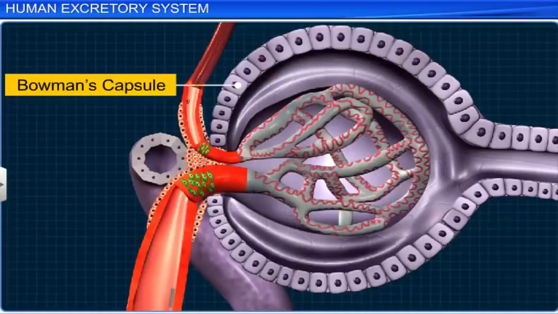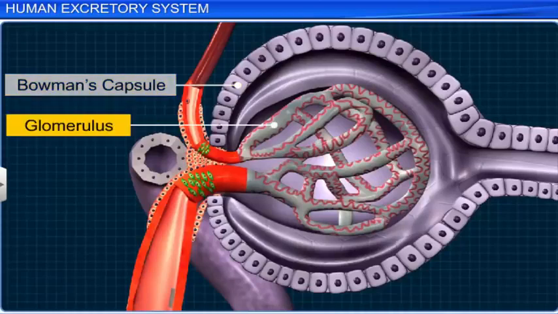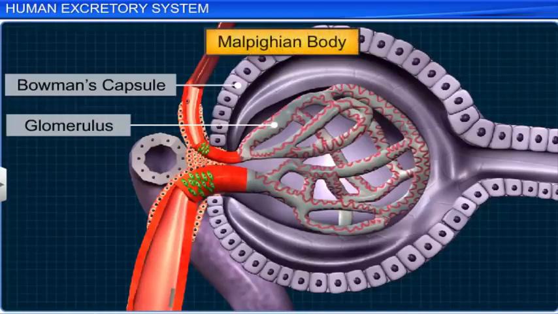The Bowman's capsule is a double-walled funnel-shaped structure that encloses the glomerulus. It collects the glomerular filtrate. The Bowman's capsule, together with the glomerulus, is called the Malpighian body or renal corpuscle.